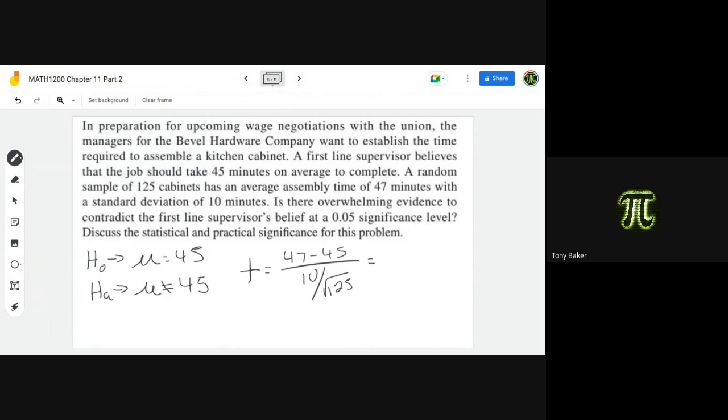We have the standard deviation of the sample, not the population, although in this case, with 125, it doesn't make much difference. The formula for T and Z are exactly the same. This formula right here is exactly the same for T and Z. That doesn't change at all. The only difference is when you look at your table where you're getting your number. And like I said, for 125, it's not going to make that big of a difference.